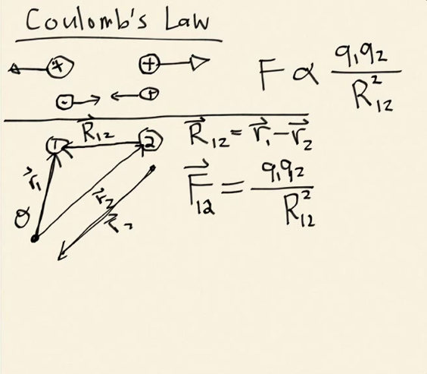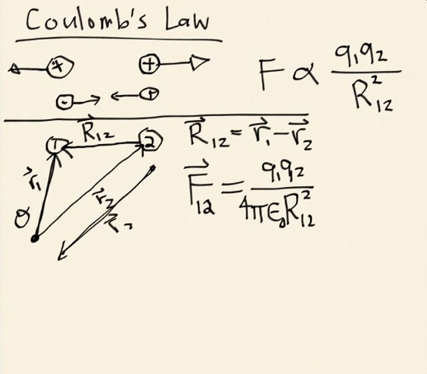Now, if I picked a particular unit system, I'd be done. I could pick a unit system where this describes the force, but in SI units, this is not the right way to go. If I use coulombs for the charge and meters for the distance, I have to multiply by another coefficient to get the units right, and the coefficient in SI is 4 pi times epsilon naught, where epsilon naught is the permittivity of free space.